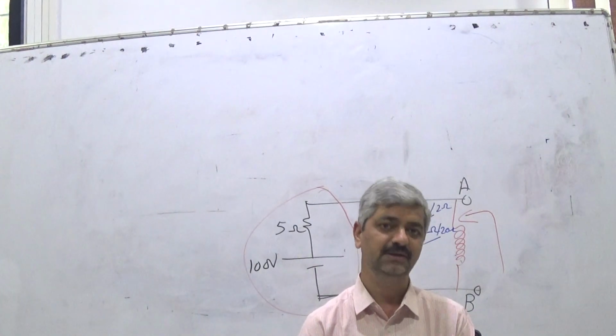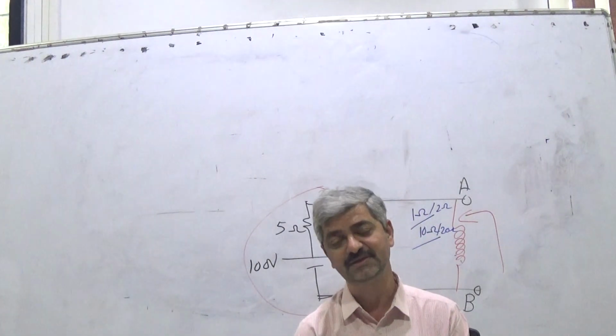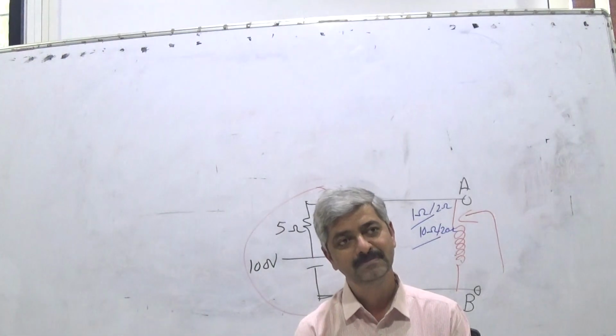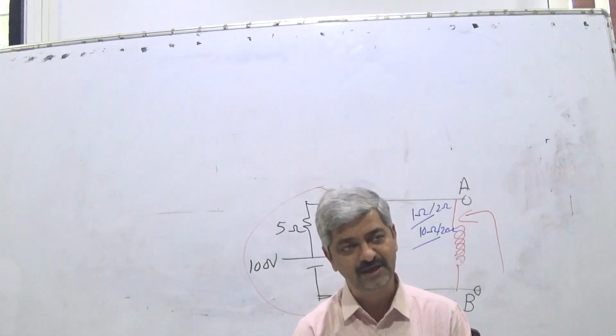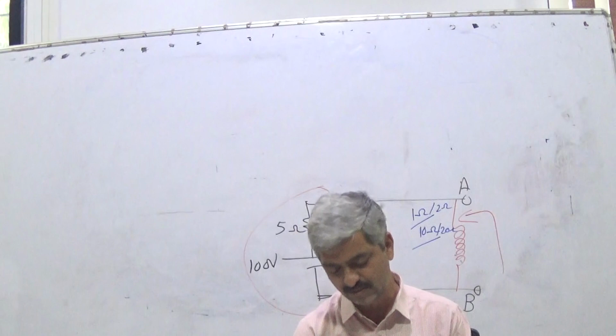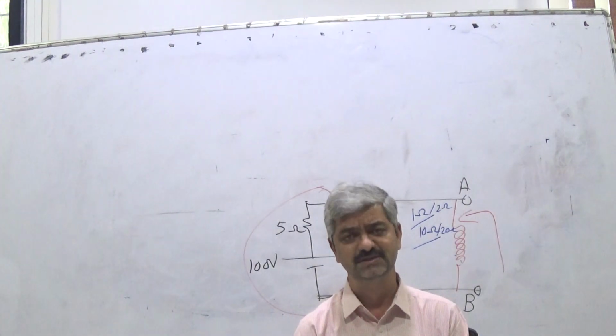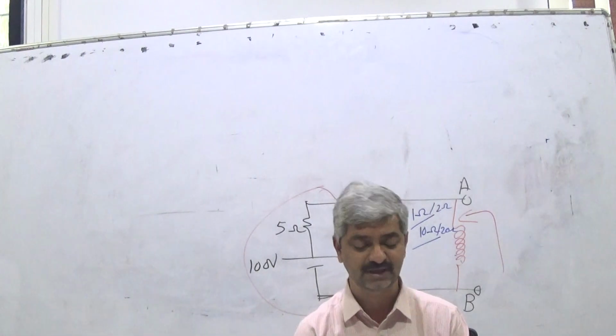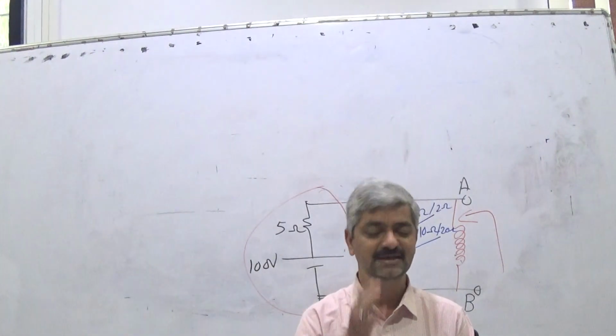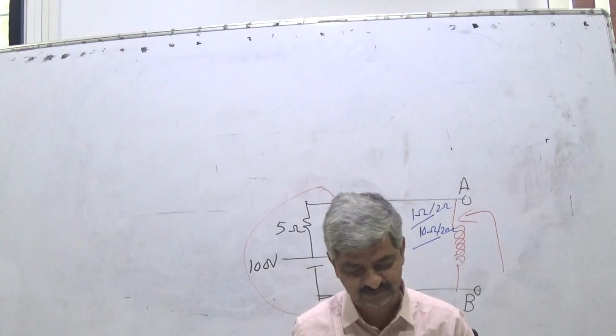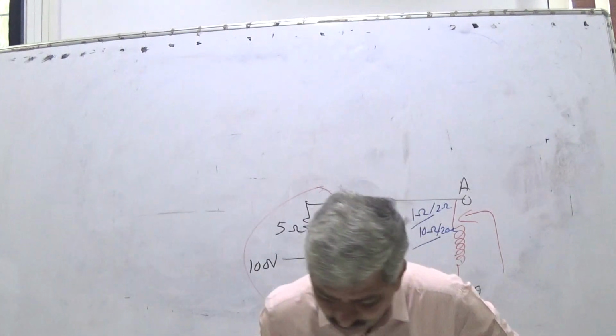Then the unit of energy is also said to be kilowatt hours, electrical unit and all that. Let us not spend time in that discussion, we have to move ahead.